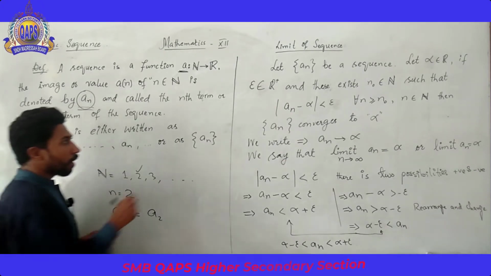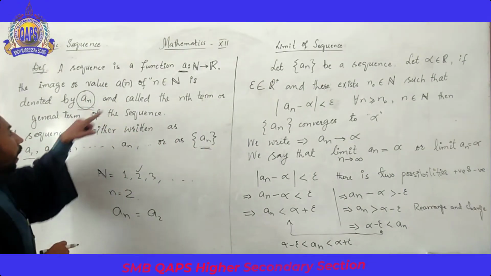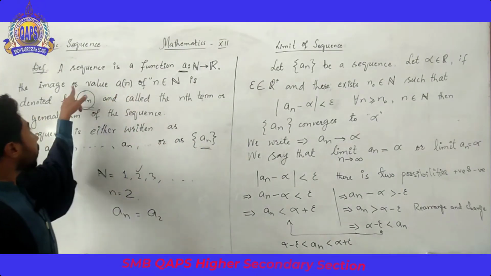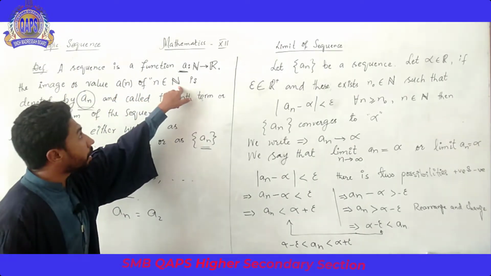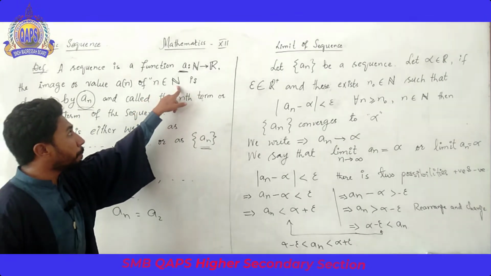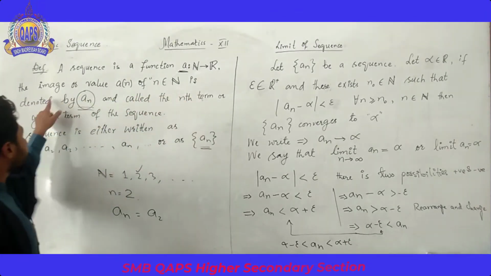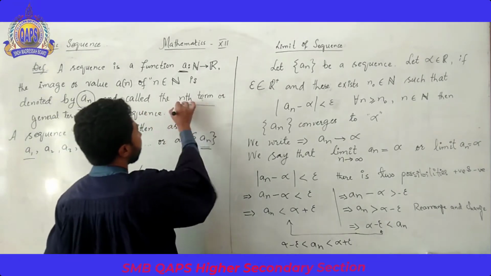Or you can say that this is a_n, and a_n is the function, where n belongs to the natural numbers, meaning n represents the domain of natural numbers, and it is called the nth term.